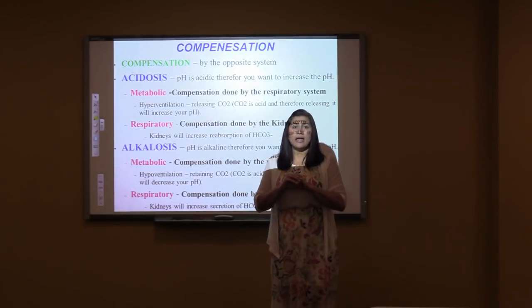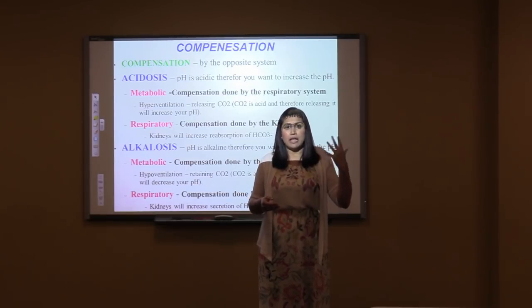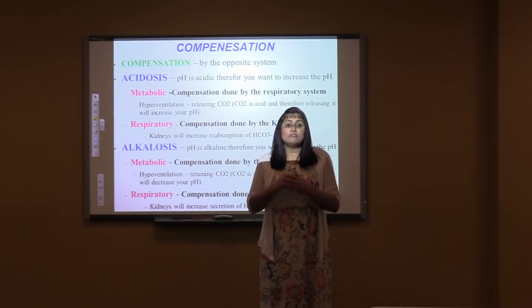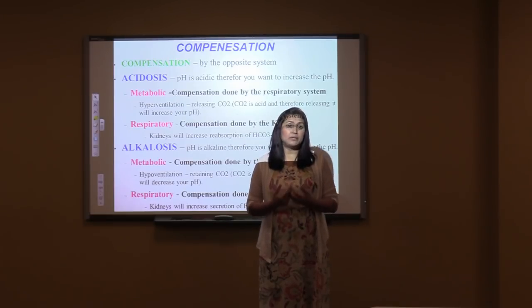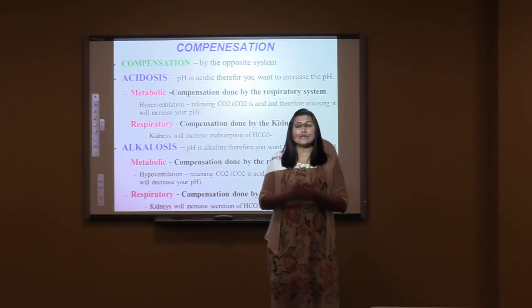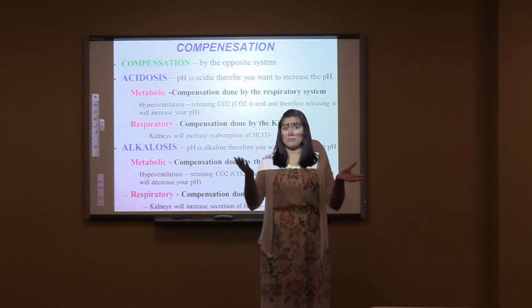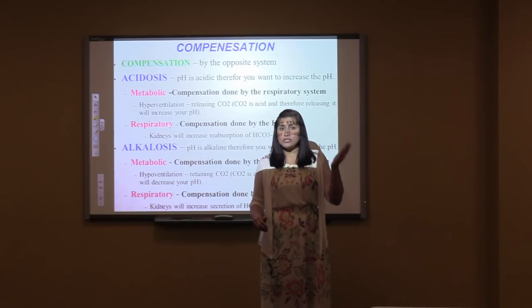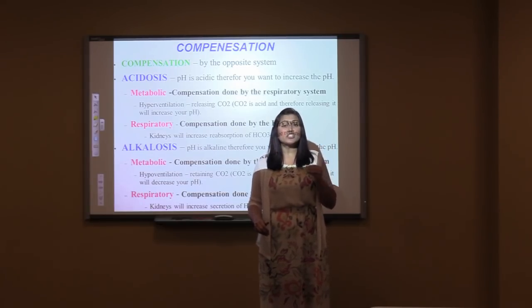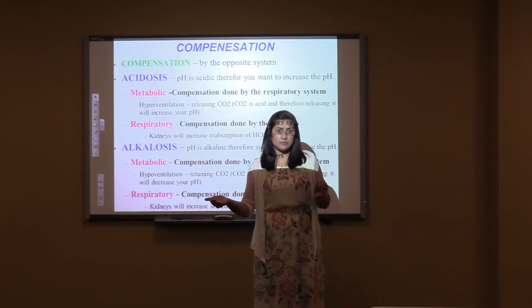Now, anytime your body detects that there is a disturbance, an acid-base disorder, your body will compensate. It has to bring the pH back towards normal. Okay? So, the opposite system always compensates. So again, we have two systems, respiratory and metabolic. If your respiratory system is at fault, meaning it's causing you to have that disorder, then your metabolic system compensates. Okay?